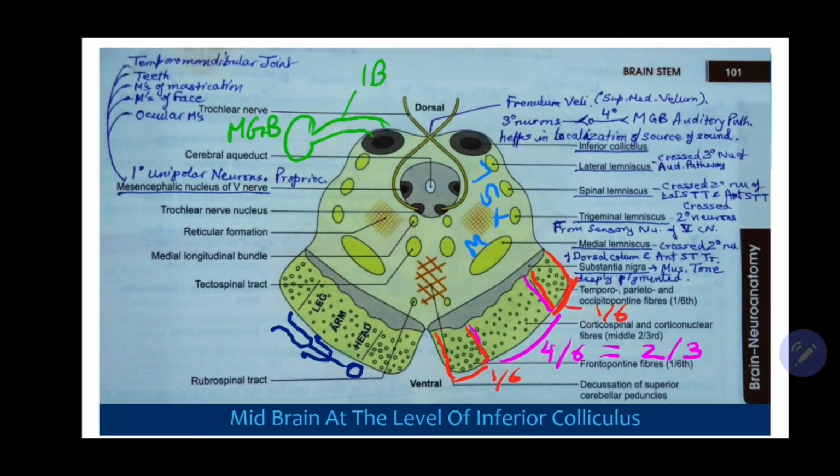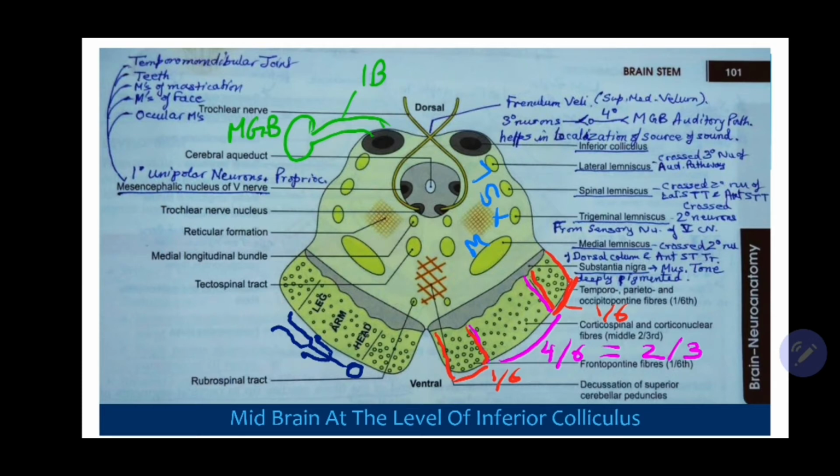And then, remember the important word, they immediately cross to the opposite lateral funiculus of the spinal cord. They reach the opposite half of the spinal cord in the lateral funiculus and ascend as the lateral spinothalamic tract.